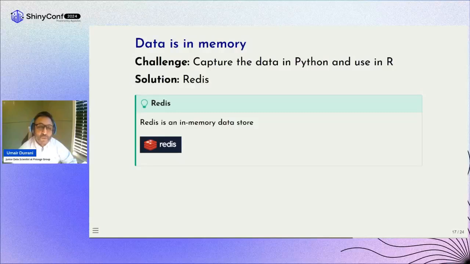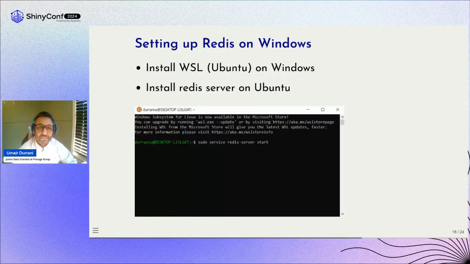Redis is an in-memory data store. You can run any process or processes, and let's say Python is getting the data and we push the data from Python to the Redis memory store, and then you can receive that data from the Redis store into R. To use Redis, there's no direct support on Windows, but you can install the Windows Subsystem for Linux, and that would enable you to run a Redis server.